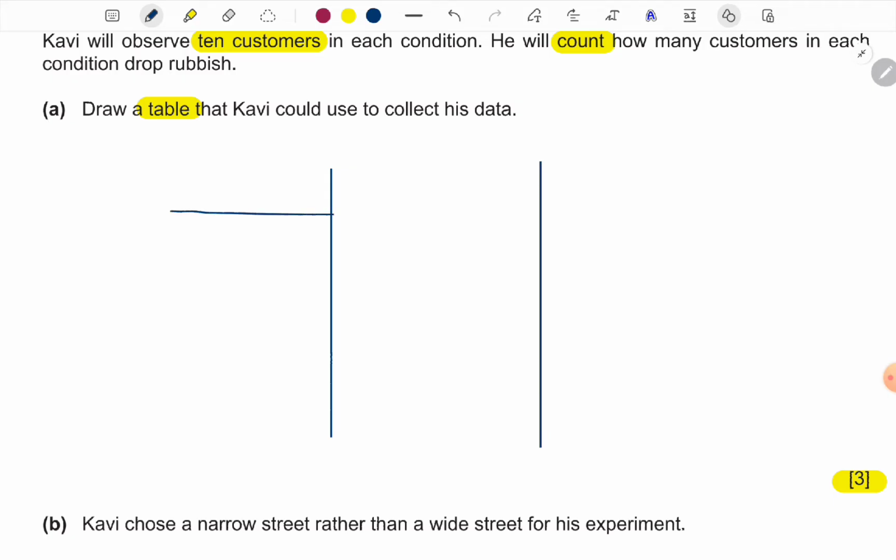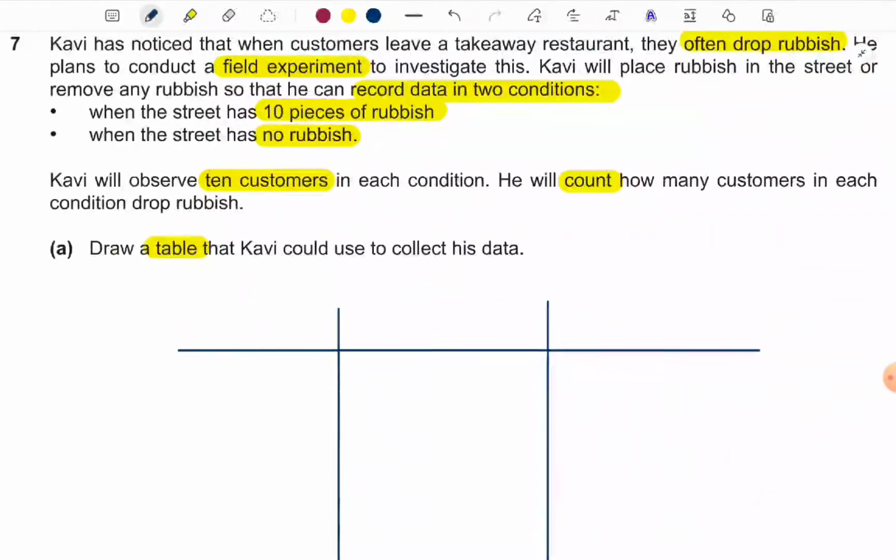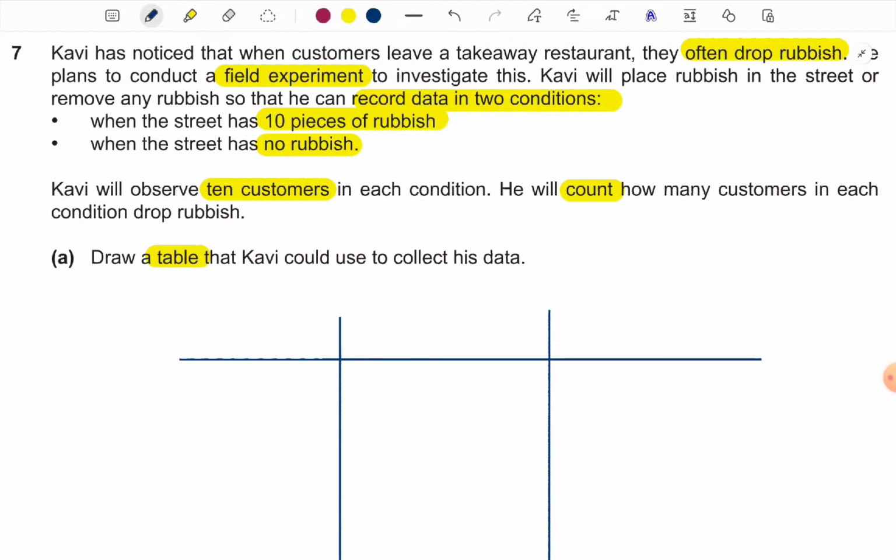Okay, now I hope you know how a table is made. You've seen so many tables in your syllabus, right? So if you've observed them carefully, and especially if you've learned your data analysis unit well, you would know that in a table, for the column headings, you always have the independent variable and its levels represented. So the two conditions which are mentioned in the question, that is what we have to take as column headings.